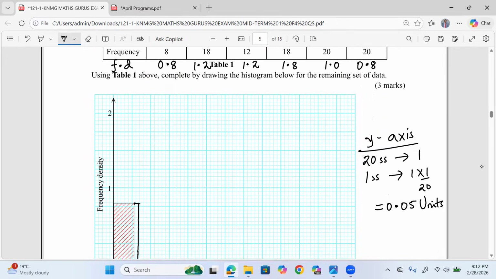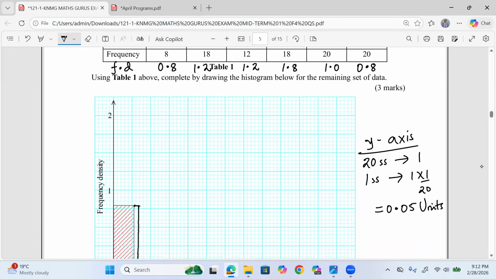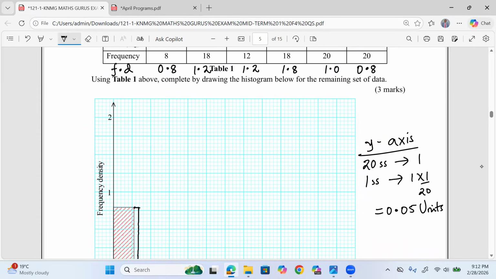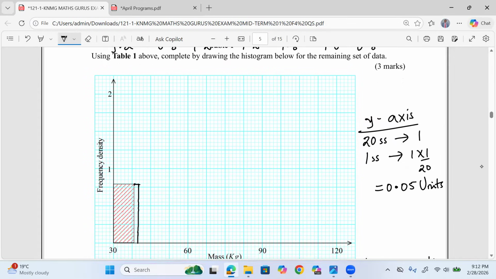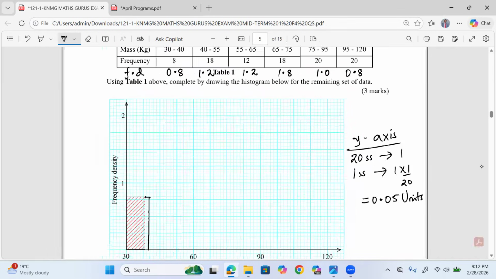So now in the first one, we need 0.8. How many small squares do we need? 0.05, we multiply by 0.8. Or rather we say, look at this.